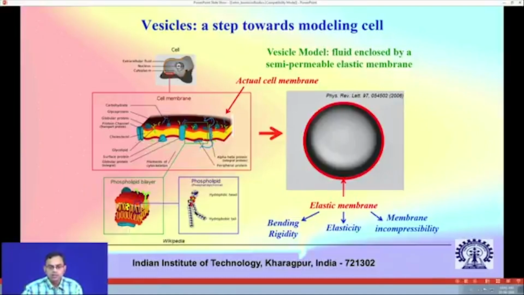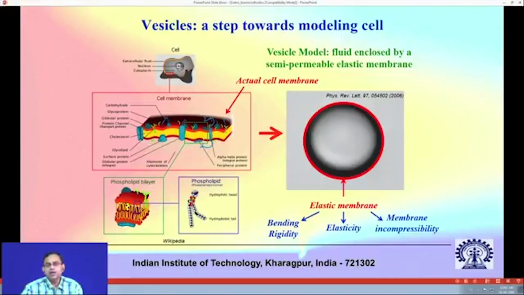But like in this view graph, we are showing this vesicle as a crude version of the very complex cell which is shown on the left. So, the question is, what demarcates the vesicle from a cell other than the architecture?